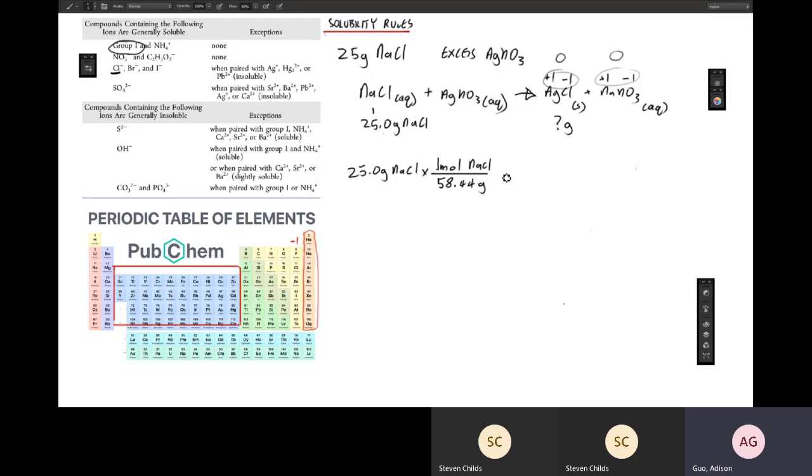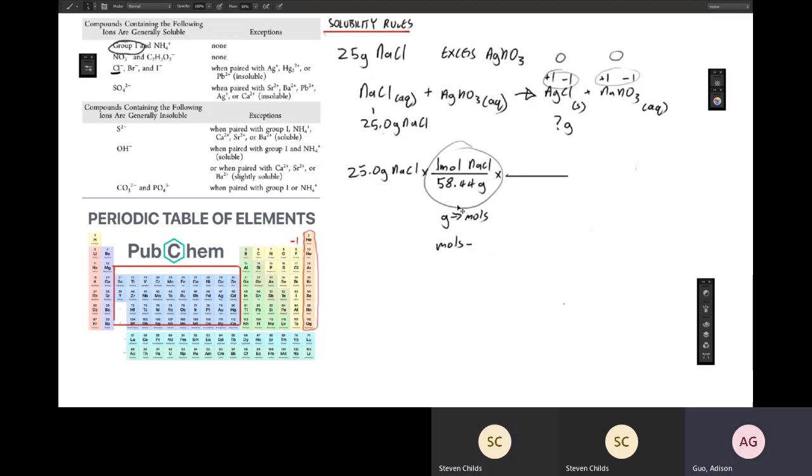Okay. The purpose of using the molar mass is to go from grams to moles. And this also works the other way around. It just depends on your dimensional analysis, which way you're going to set things up. Since we have theoretically canceled out the grams, we're left with moles of sodium chloride.